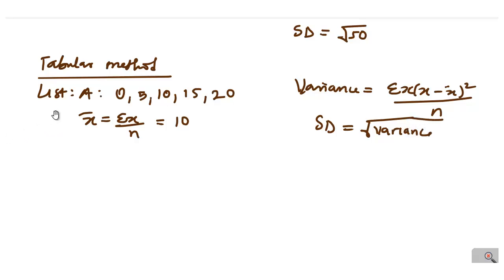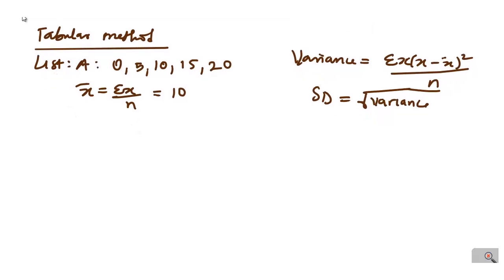So let's first calculate the variance. What information will be on this table? Oh sorry, I made a mistake in this formula. Let me rewrite it. This is supposed to be summation x minus x bar, then square. That's what I wanted to write.